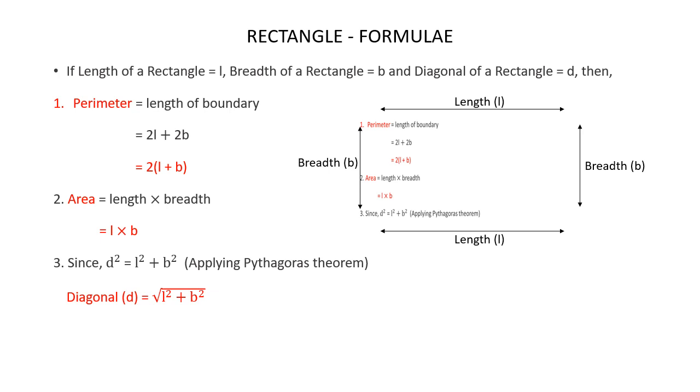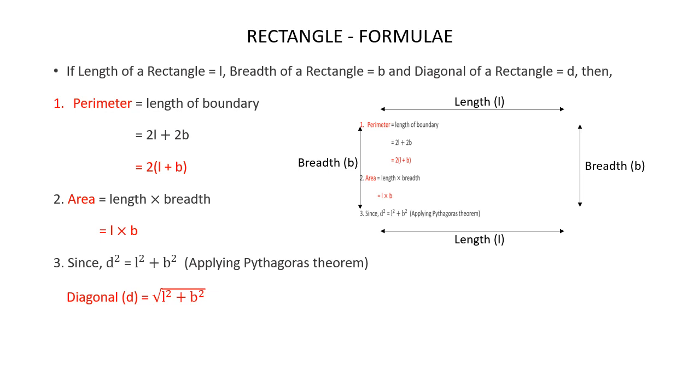The side opposite to the angle B is AC. So AC is the hypotenuse of the right angle triangle ABC. Now we know that AC is also the diagonal of the rectangle ABCD and diagonal of the rectangle is D. So AC, the hypotenuse, is D.